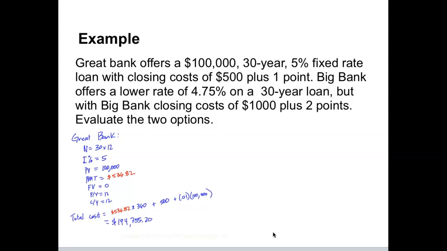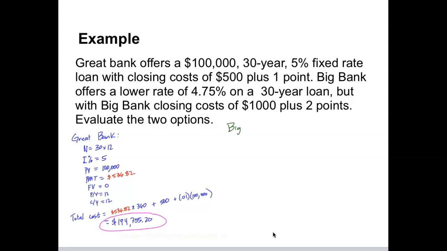There we go. So the house ends up costing me $194,755.20 in total if I go with Great Bank.